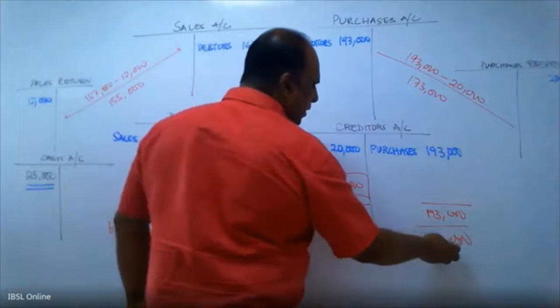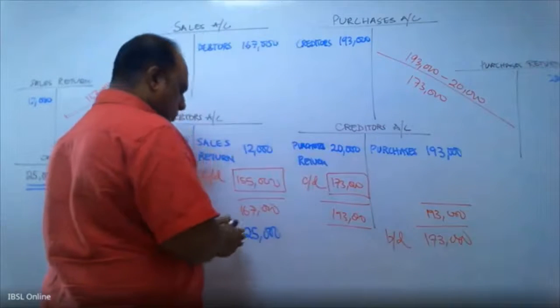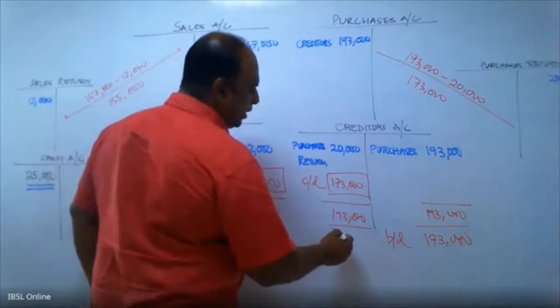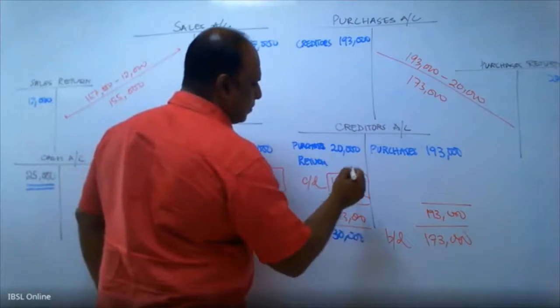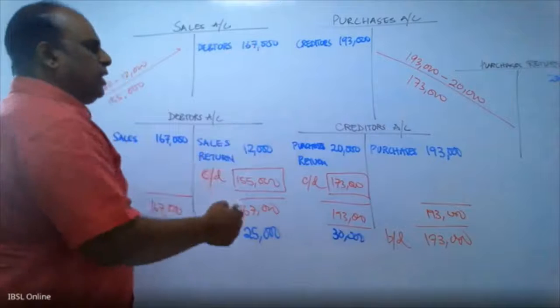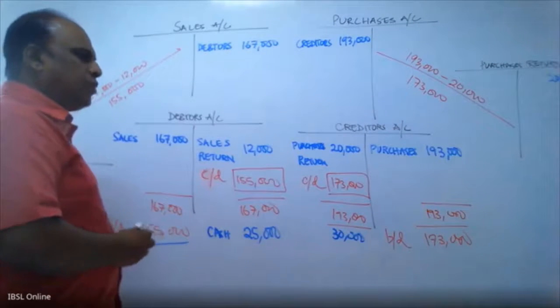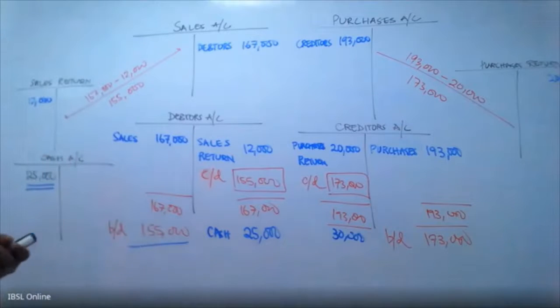So how can you bring this 173,000 down? That is by debiting 30,000 here. So when you debit 30,000 here, what is going to happen? Cash is going to get credited.